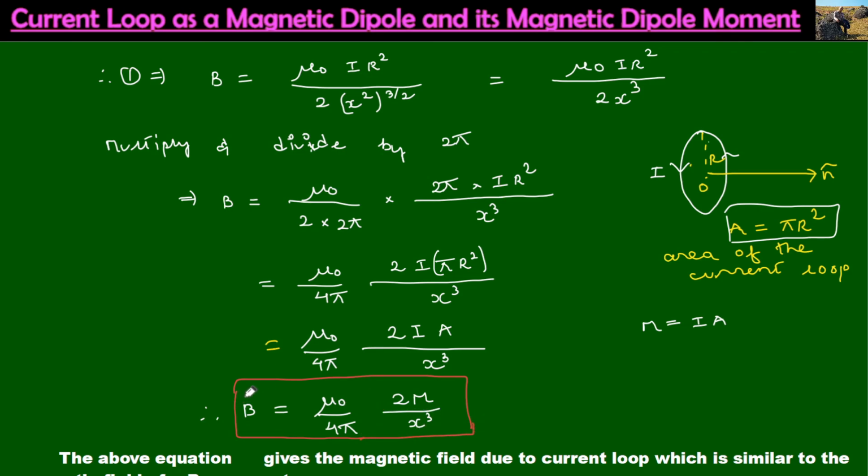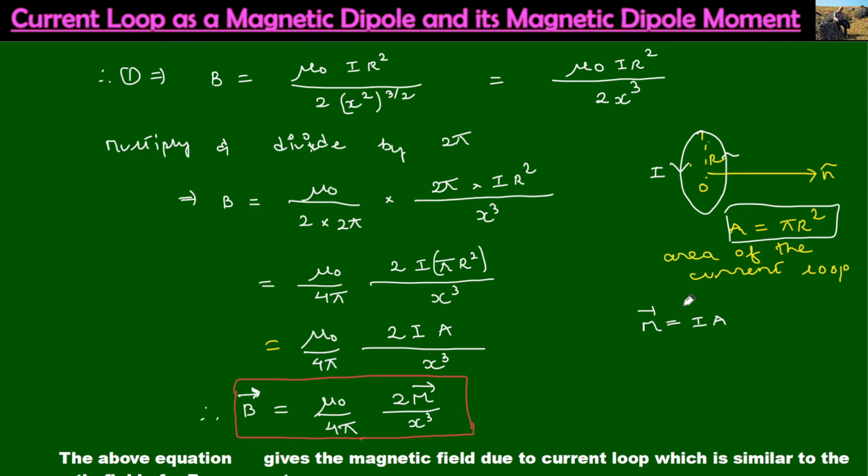And this expression is similar to the expression of the magnetic field generated by the bar magnet. Since magnetic field is a vector quantity, that is why I put this vector notation B bar. And even this M bar also is a vector quantity.